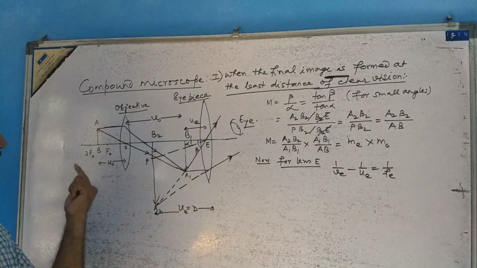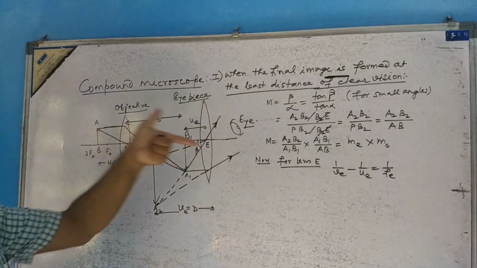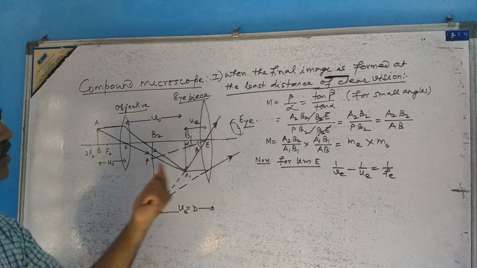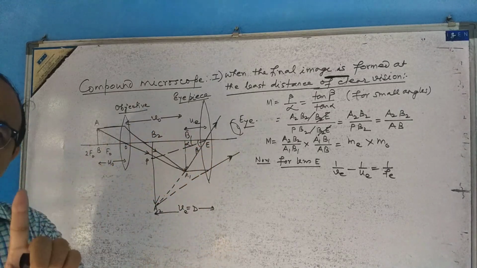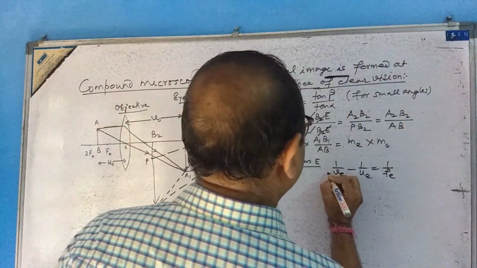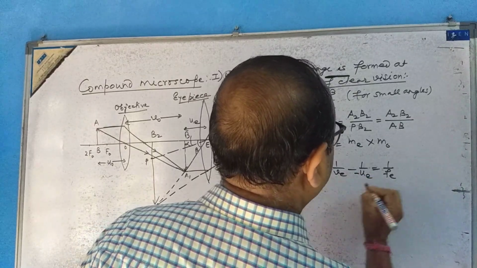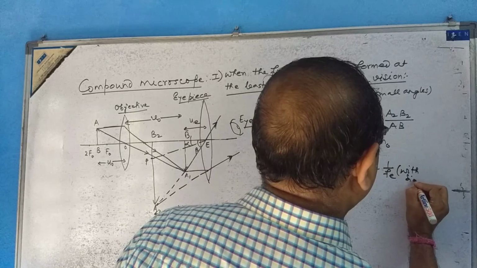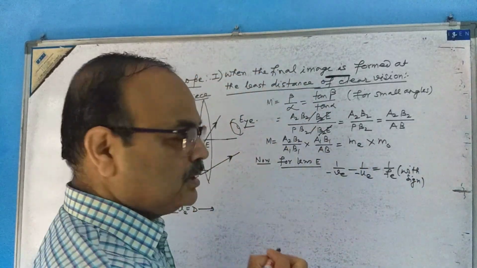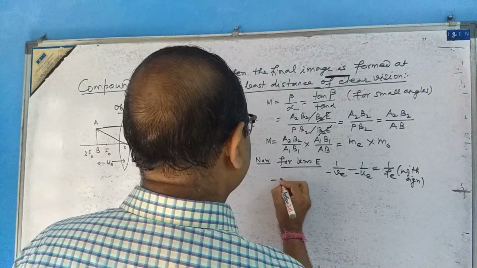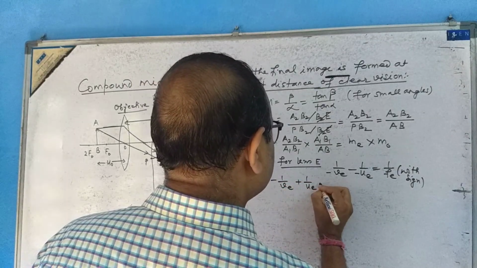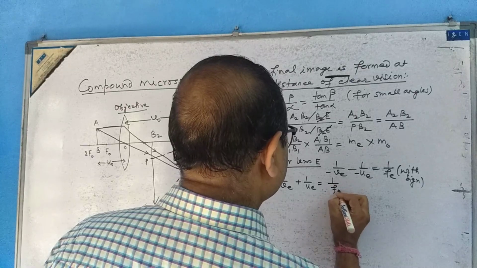Look, VE is negative because the incident rays are towards the right, in the opposite direction. VE is negative, UE is also negative, but FE is always positive. I write here with sign: minus 1 by V plus 1 by UE is equal to 1 by FE.